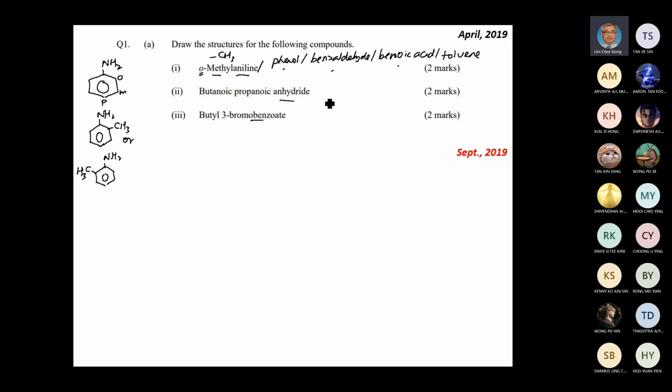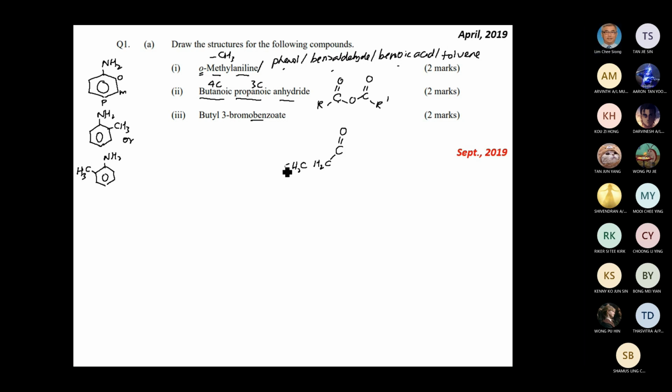How does the anhydride structure look? You know, it refers to C with O, O, then the C=O double bond, then attached with two R sites. So it has butanoic, and the other is propanoic. Easy for you. But is 4 carbon, prop is 3 carbon. Either side is attached to the number that you have. For 4, here's a 1, then you have to attach 3 more. Write it here, then followed by CH2, CH2, CH3. 1, 2, 3, 4.